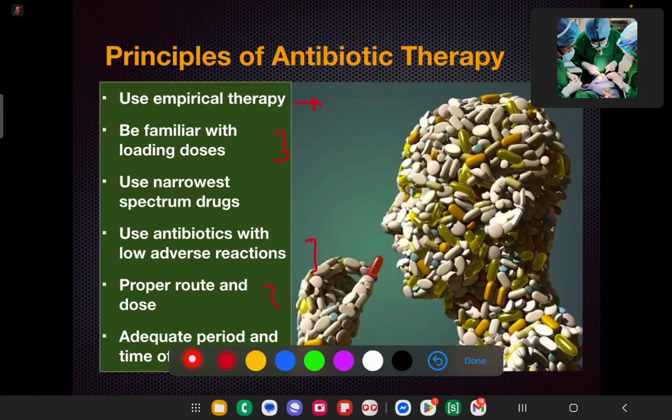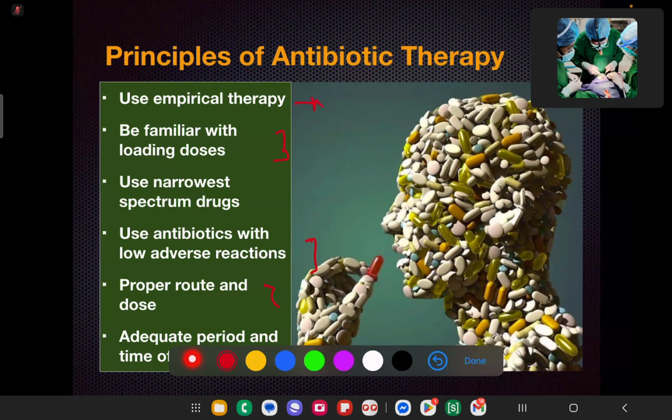When you say proper route and doses, it means that if the patient has an inability to open the mouth or swallow, why prescribe an oral antibiotic? It's better to give something which is IV and of course IM, for you to be able to bypass the first pass effect of the drug.